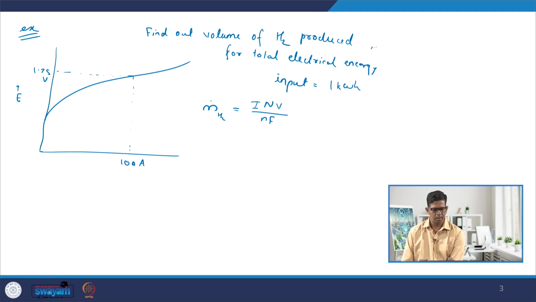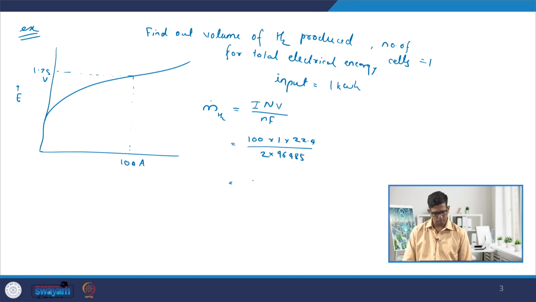I forgot to mention the number of cells. Let's make our case simple. The number of cells in a stack is, let's say, 1. So, total current that is flowing in one cell is 100 amperes. Number of cells is 1. Molar volume is 22.4 liters divided by 2, and F is 96,485.